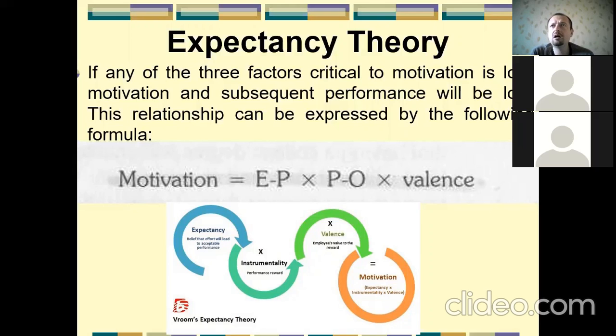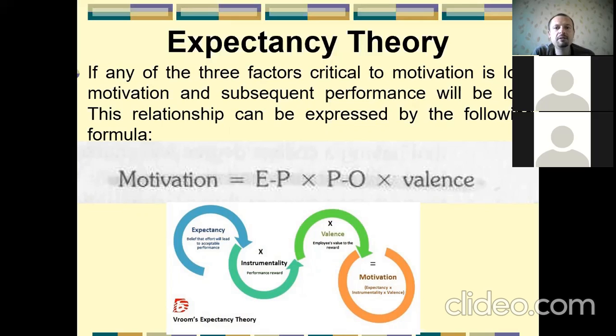or is it possible to motivate the person with the fact that you will provide this reward 100%? Is it possible? No. Thank you.